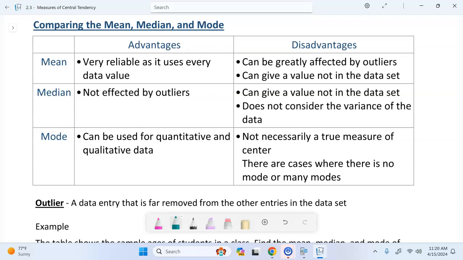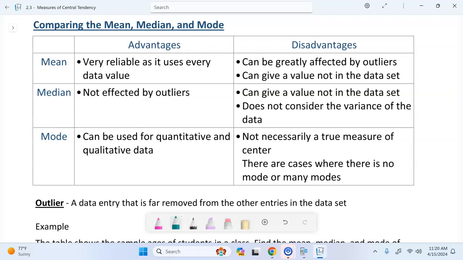How does the data look? And this will become really important as we move into our measures of variation. Which one is better will vary from set to set.